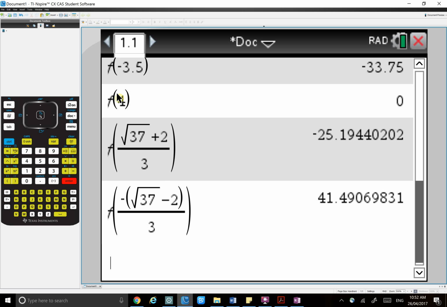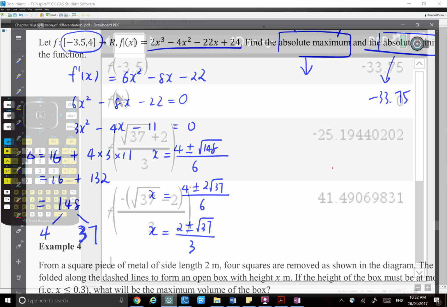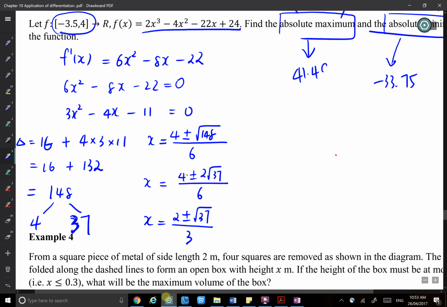So the top one is the absolute minimum, the bottom one is the absolute maximum. The absolute minimum is negative 33.75, and the absolute maximum is 41.49. Just 2 decimal places.